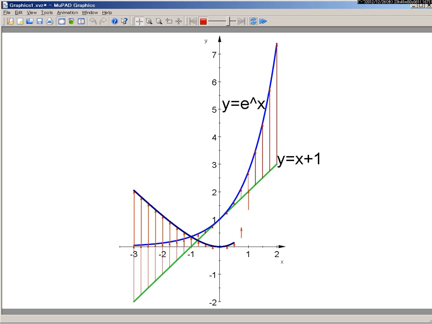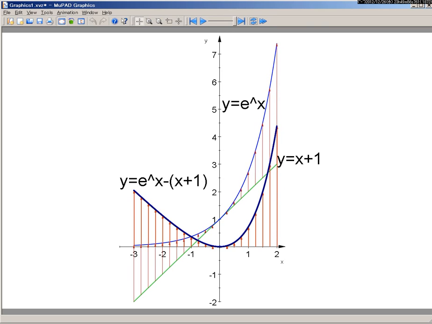And this blue curve is y = e^x minus (x + 1).